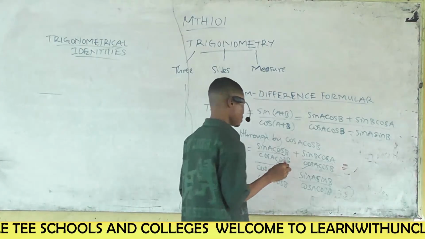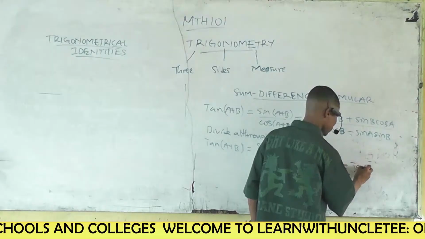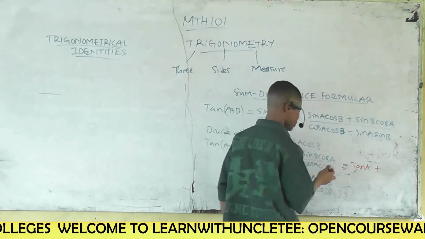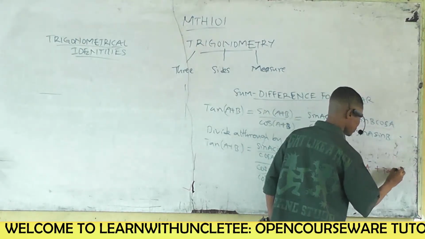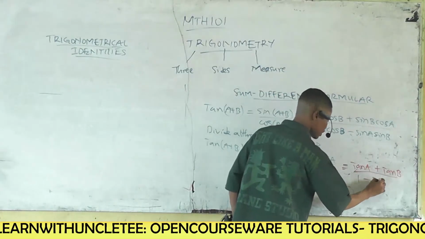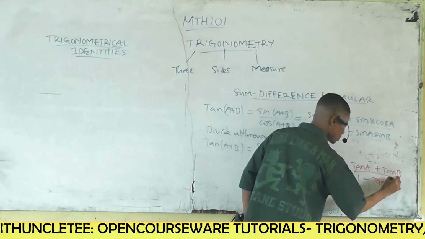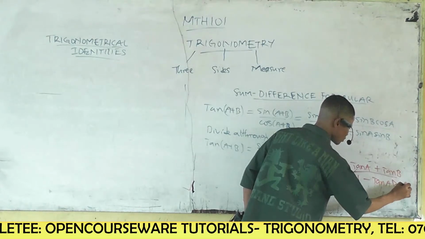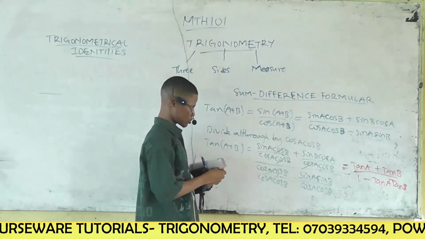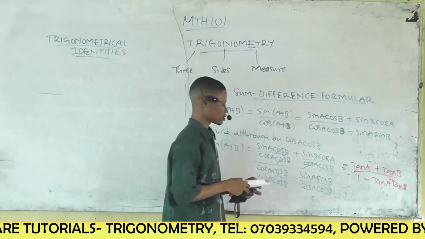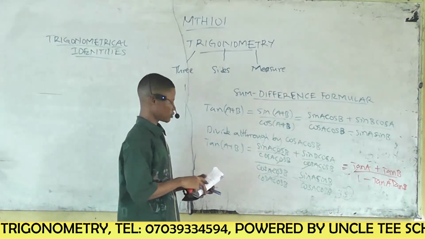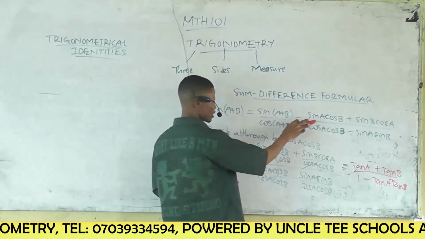Tan A. So this will be tan A plus tan B over 1 minus tan A tan B. Okay? So that's what it's going to give you. Can you see that everything has become smaller rather than leaving it like this?